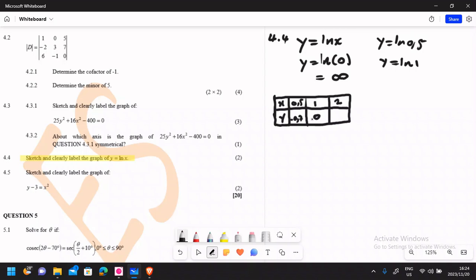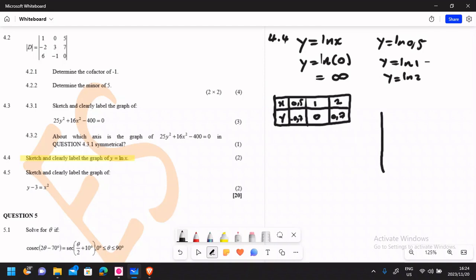I think that's where it intersects the axis. And when you put 2, y equals natural log 2, so you're going to have something positive, about 0.7.